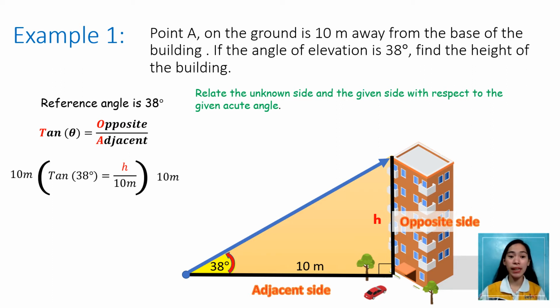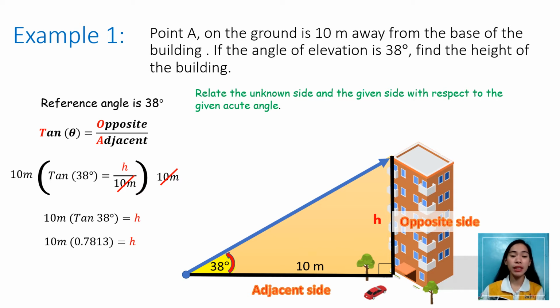Now let's multiply both sides by 10 meters using the multiplication property of equality to cancel out or remove 10 meters in the denominator. 10 meters divided by 10 meters would be 1, so we can cancel this out. And then we have 10 meters times tangent 38 degrees is equal to h.